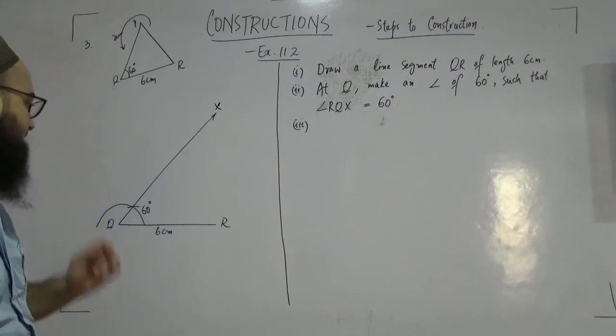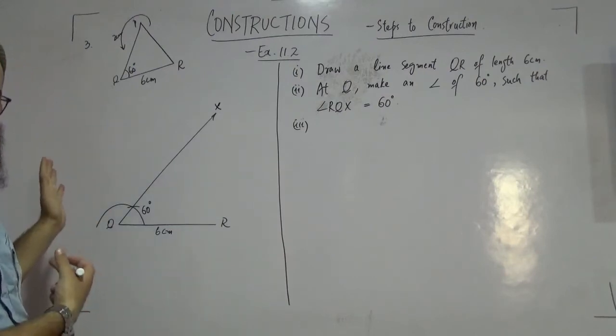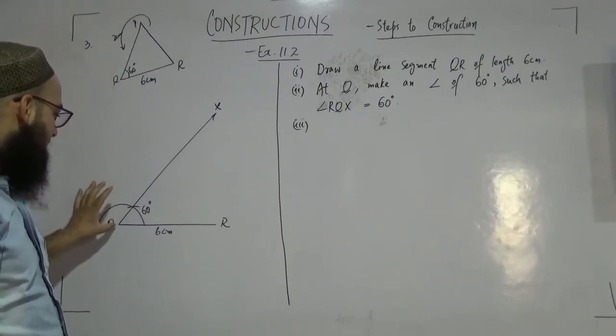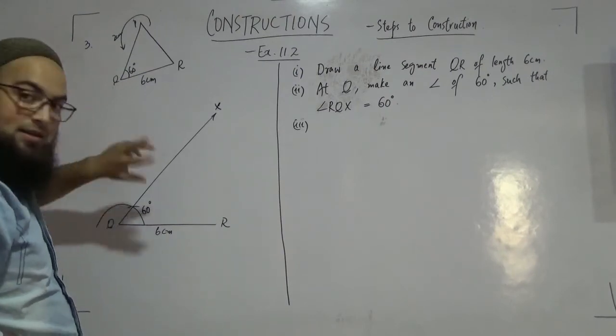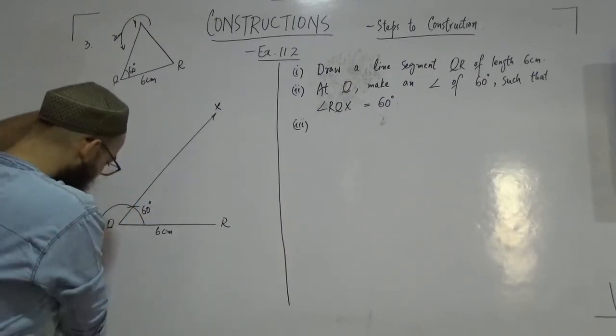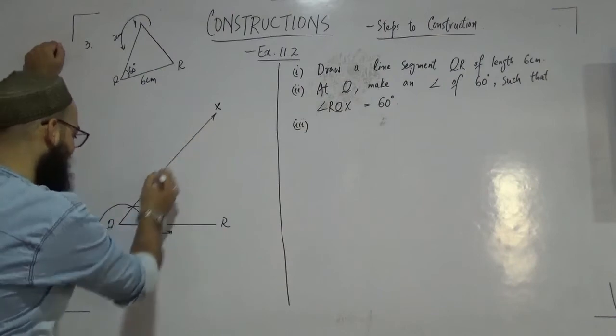Now the next thing, what we did previously, we with Q as center and radius the difference of 2. Now this time do the same thing, but do it in the opposite way.